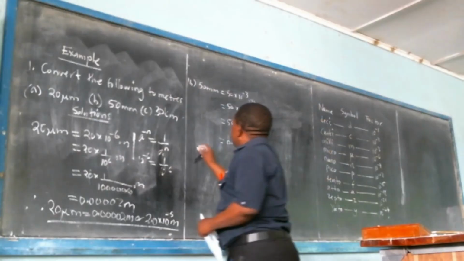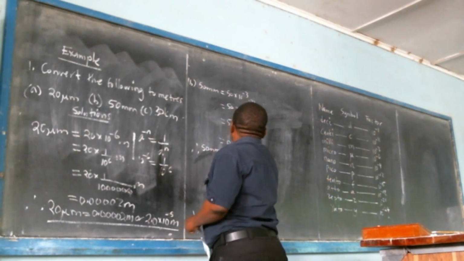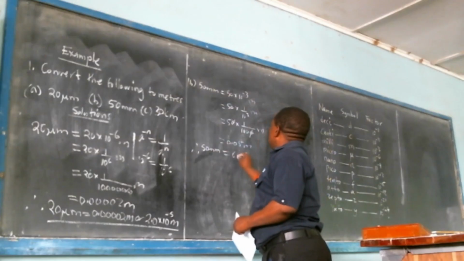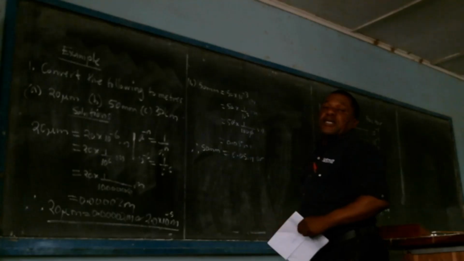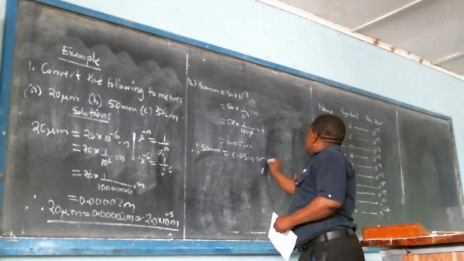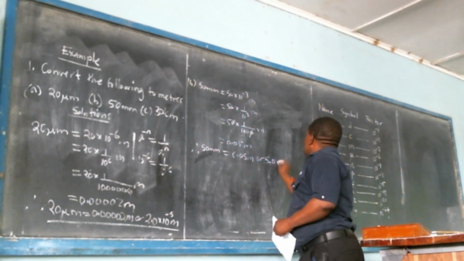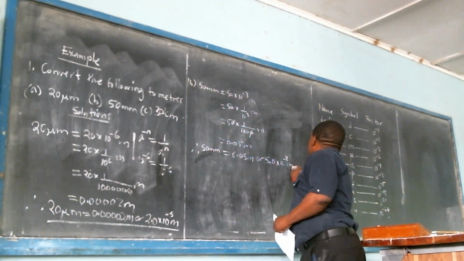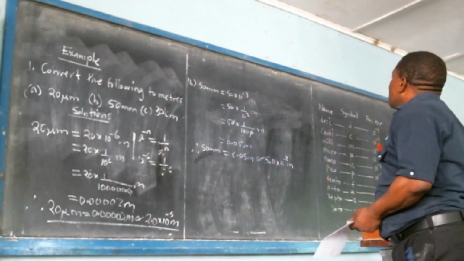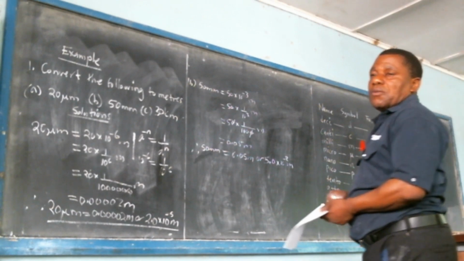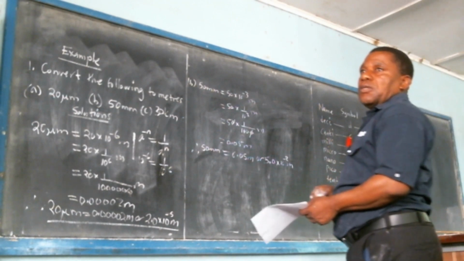So we can say 50 millimeters is the same as 0.05 of a meter, or you can express that number in standard form, or in scientific notation, and it will be 5.0 times 10 to the power negative 2. The other one, in decimal form, will be 0.05 meters.